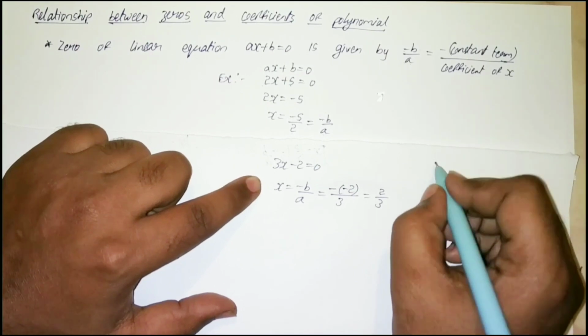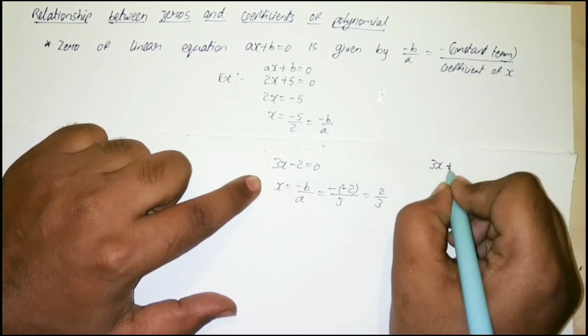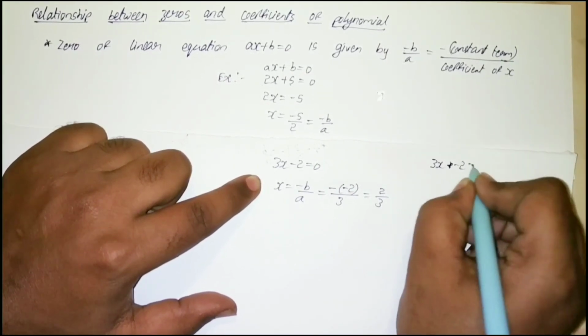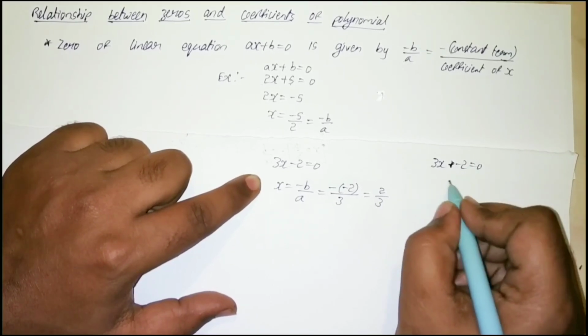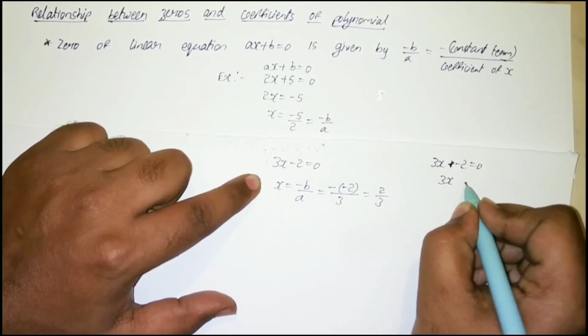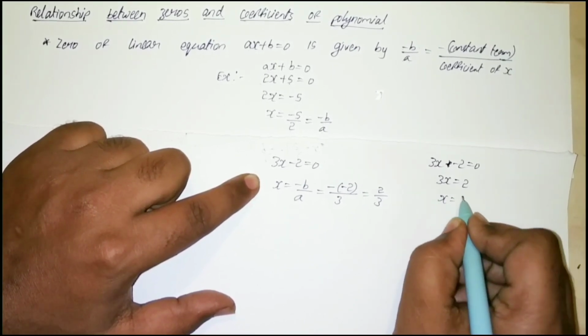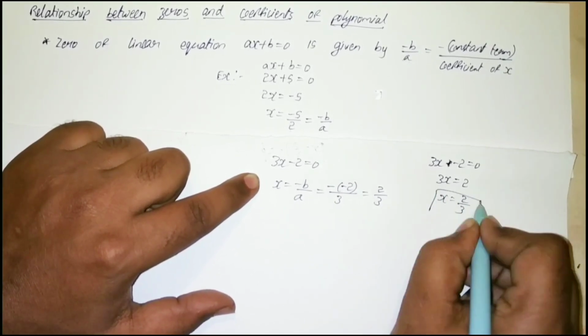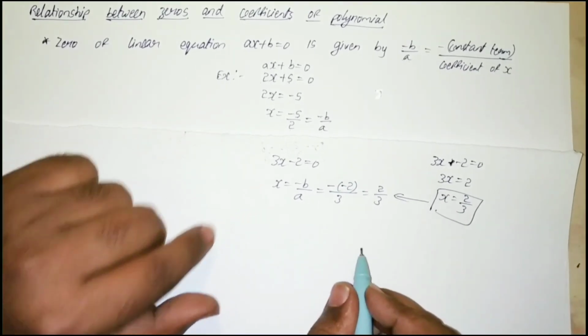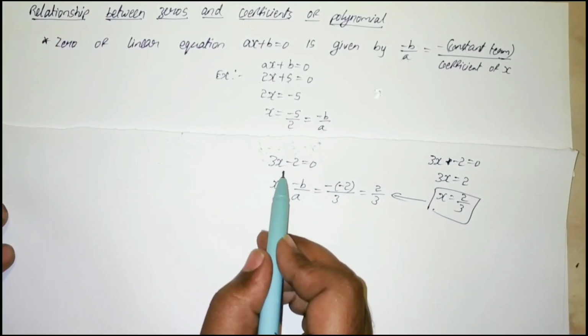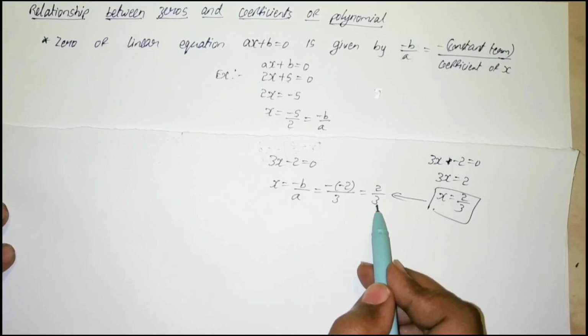So we can verify here. 3x minus 2 is equal to 0. If we shift minus 2 to the RHS, what will it become? 3x is equal to 2. So what is the value of x here? 2 by 3, right? So the zero of this polynomial is 2 by 3.